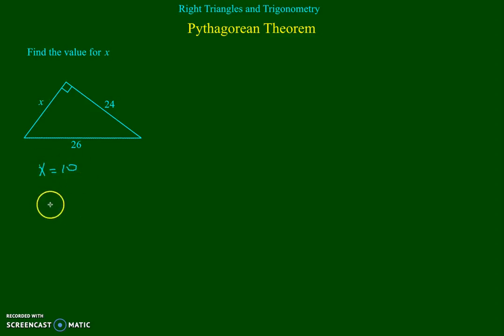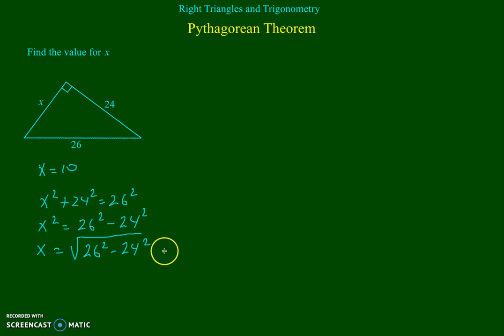And let's just verify, just for kicks and grins. So we have x squared plus 24 squared equals 26 squared. X squared equals 26 squared minus 24 squared. X equals the square root of 26 squared minus 24 squared.